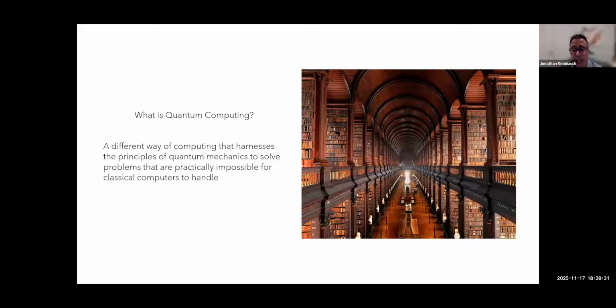A quantum computer, on the other hand, is like a magical librarian who can look at every single shelf in the entire library at the same time and find the book instantly. So that's the difference we are talking about in terms of problem-solving potential.